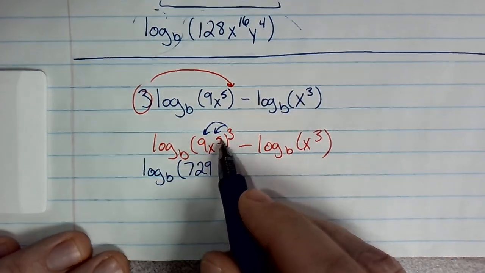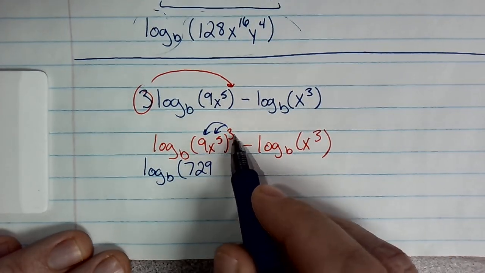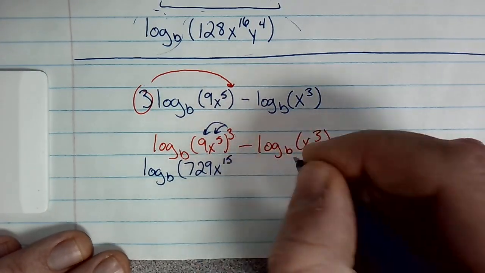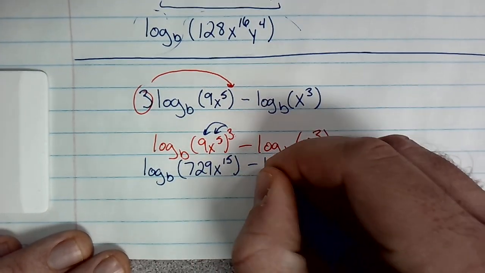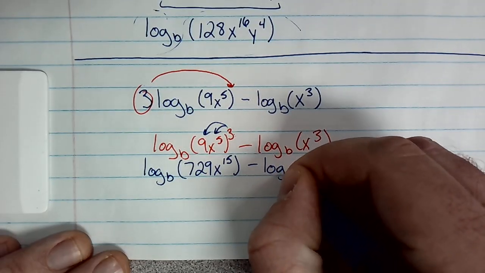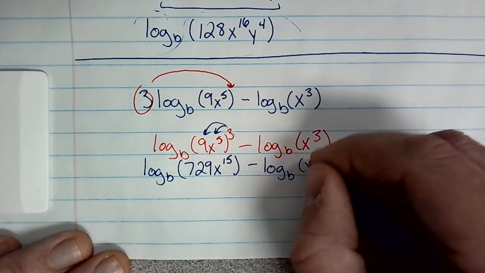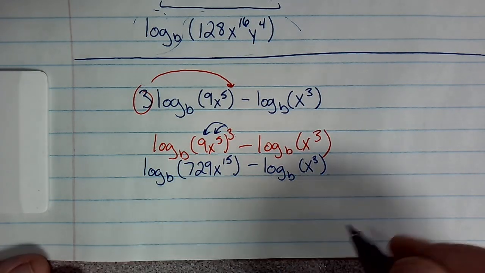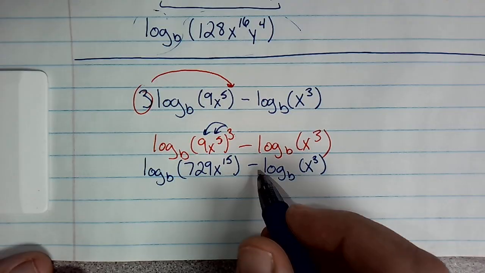And what do I do with these powers? Do I add or multiply them? Multiply them. A power to a power gets multiplied. 9 times 9 times 9. Now I'm going to deal with that subtraction.